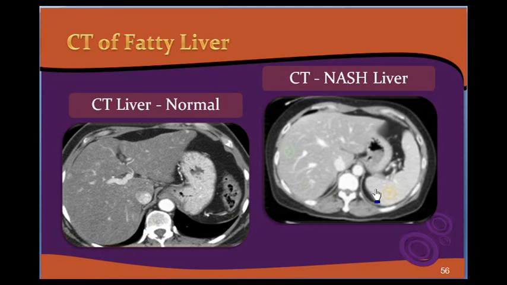That means there is evidence of NASH and fibrosis in the liver. Of course, as I told you earlier, CT of the liver is generally not required to diagnose fatty liver. Ultrasound will suffice to make a diagnosis associated with other clinical and biochemical parameters.